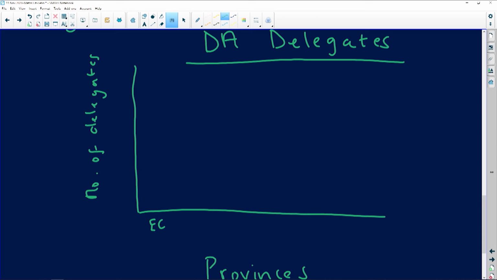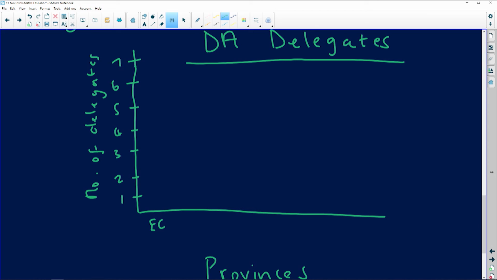Eastern Cape permanent is 4, but now I'm going to use a scale of 1. 1, 2, 3, 4, 5, 6, 7. It's just an example, okay? If the numbers were bigger, I would have gone up in 5s or in 10s, maybe 5, 10, 15, 20.